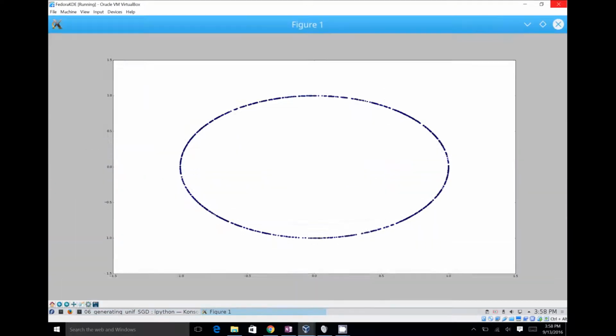Visually it's hard to tell. If I had less than 1,000 points, you would probably be able to notice some bunching around these corners. That's because the square has a lot more probability around the corners.